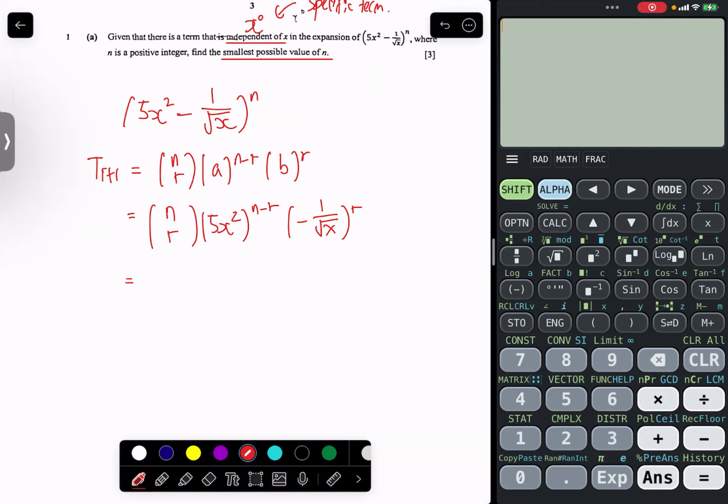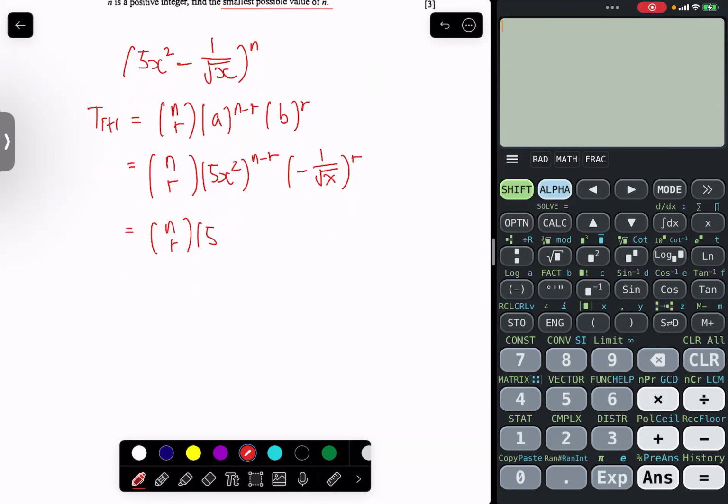Now I'm going to separate it out: 5 to the power of n minus r, x squared to the power of n minus r, negative 1 to the power of r, and x to the power of negative half to the power of r.